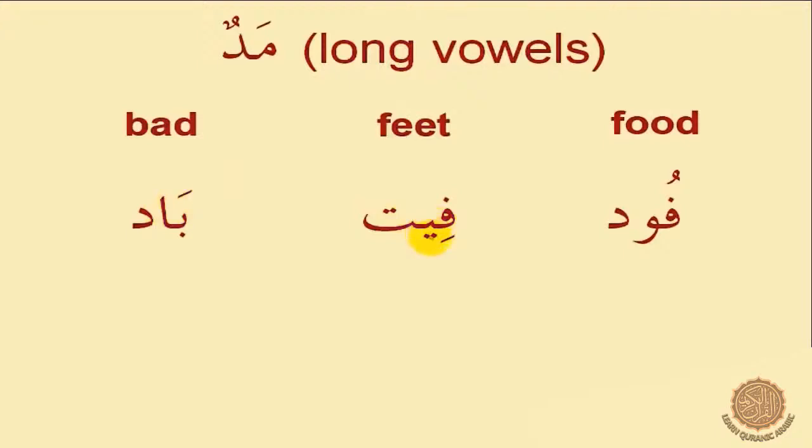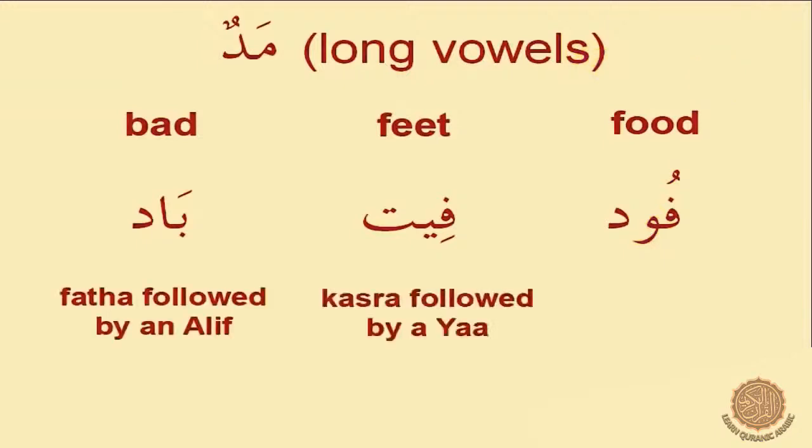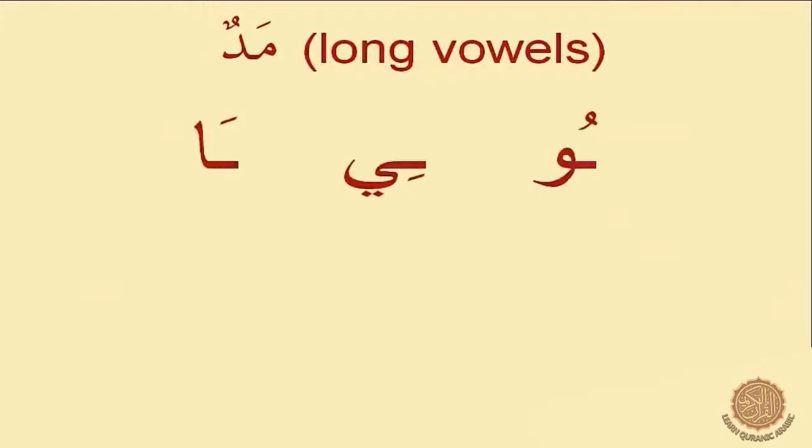So it's an E sound. And finally, we have here a damma, followed by the waw. So it's a U sound. So we come to know that the long vowels are created in these three ways: a fatha followed by the alif, a kasra followed by a ya, and a damma followed by a waw. So they represent the three long vowels.